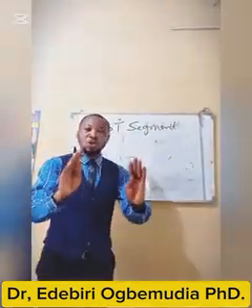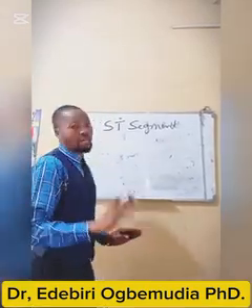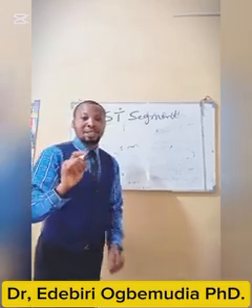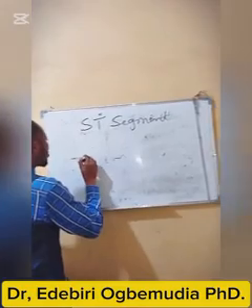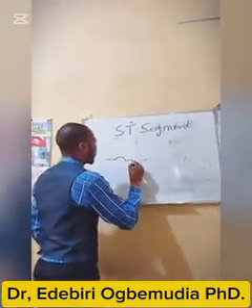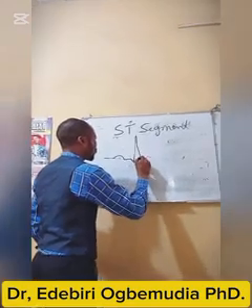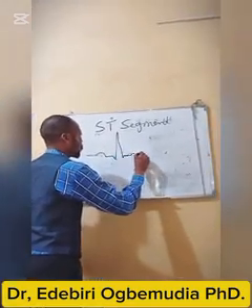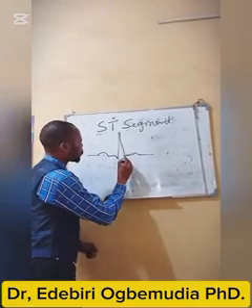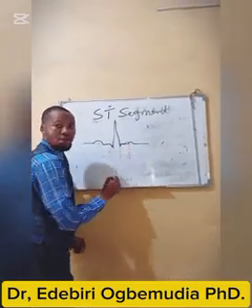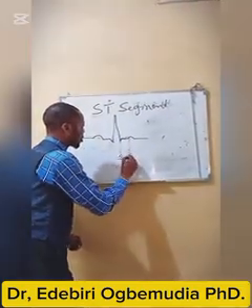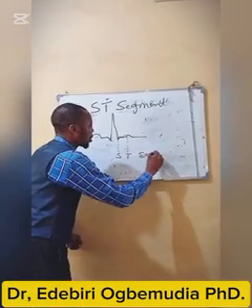So, let me draw the ECG representation, then I will indicate the part that is the ST segment. This is the ECG graph. From here to here represents the ST segment.